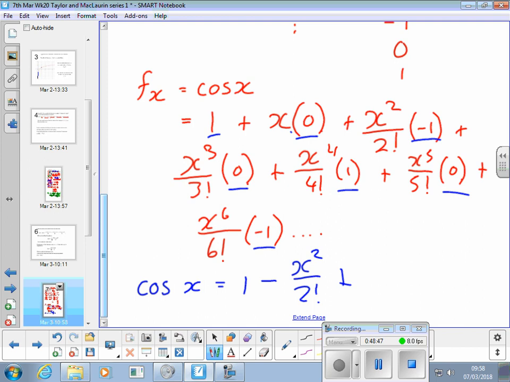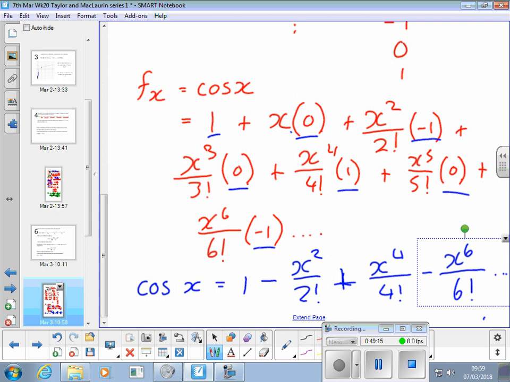This is multiplied by plus 1, so it's plus x to the 4 over 4 factorial. Our 5 term is multiplied by 0, so it disappears. This is multiplied by minus 1, so it's minus x to the 6 over 6 factorial. And we can carry that on.